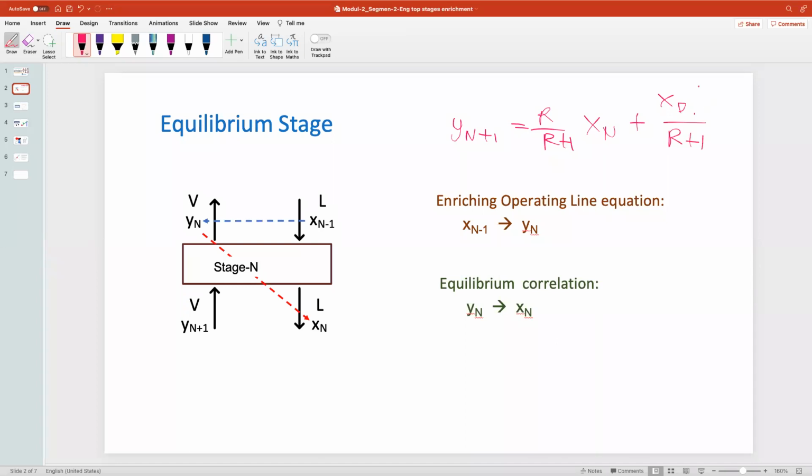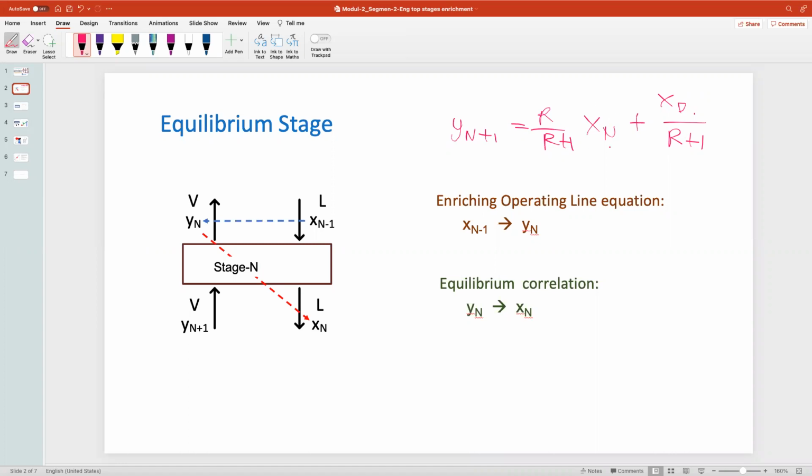Okay, we know the distillate composition that we want, the outcome that we want, 99%, 95%. We will also determine the reflux ratio. Okay, the operator, please set the reflux ratio at this number. So we know the number here, here, and here.